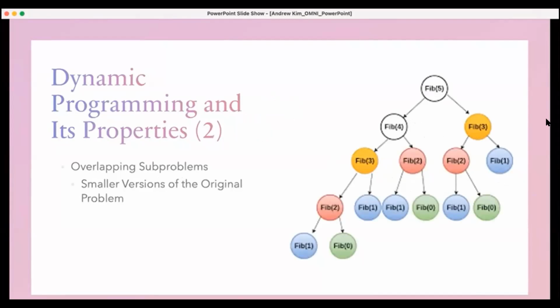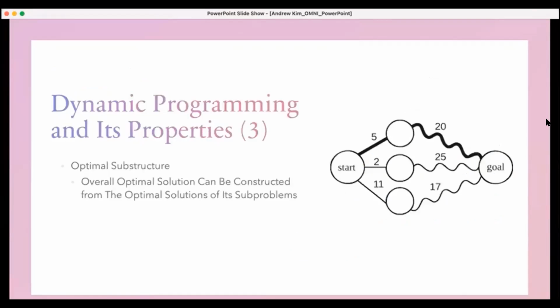This clearly shows that a problem of size n has been reduced to subproblems of size n-1 and n-2. Therefore, the Fibonacci numbers have optimal substructure property.